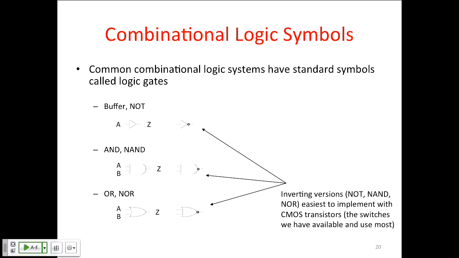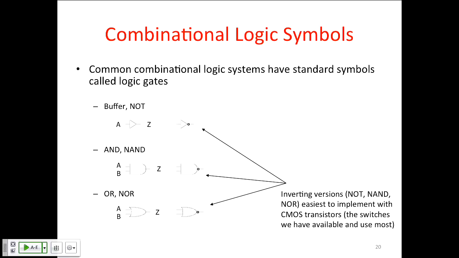It turns out that in our technology, in CMOS technology, inverting versions are easier to build than non-inverting versions. So NOT, NAND, and NOR are actually the building blocks in modern CMOS technology, all right? And you should see that from the way those pull-up and pull-down networks work. The P-types, when the input is a 0, they turn on.